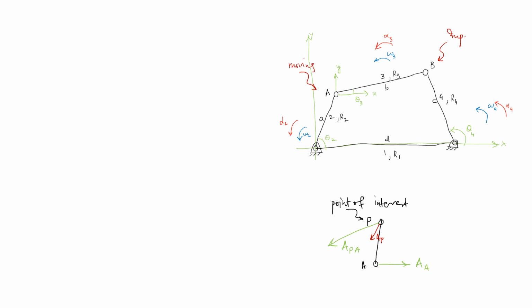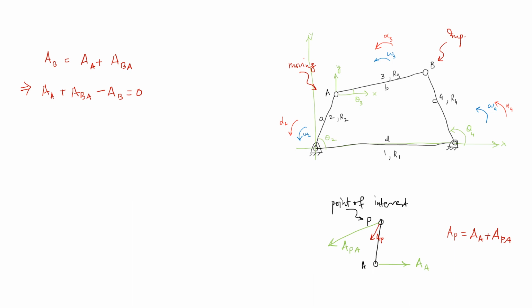So as a result of that, the equation that we wrote down for this case, which was AP equal to AA added with APA, can be rewritten for the four-bar mechanism as well, and that would be: acceleration of point B is equal to acceleration of point A added with acceleration of point B with respect to A. And if I do a little bit of manipulation, I can say that this is going to be AA added with ABA minus AB to be equal to 0.